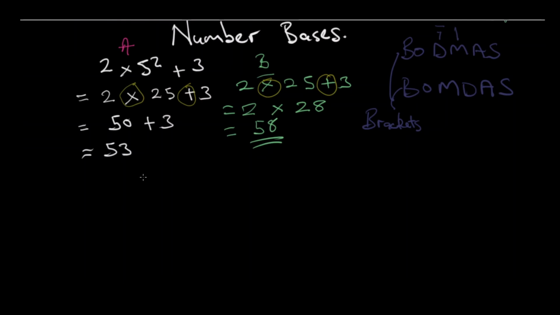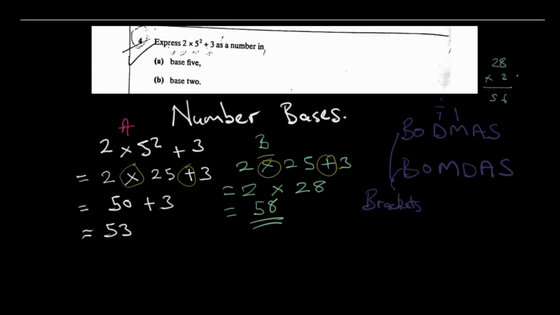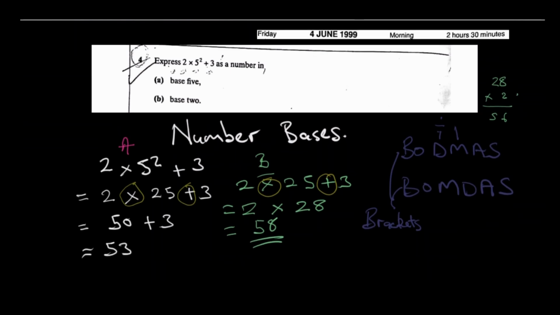Okay, going back to our question. The question is saying express 2 times 5 squared plus 3 as a number in base 5, then in base 2. And instead of saying 2 times 5 to the 2 plus 3, we can just say express 53 as a number in base 5 and base 2.